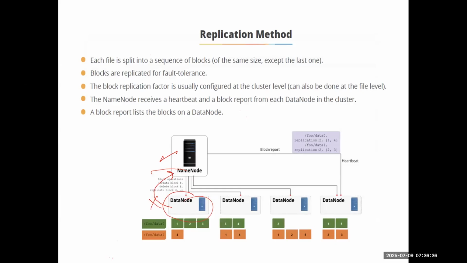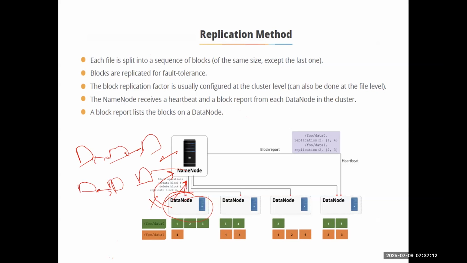Why do we keep this 10 minutes or something like that? Because sometimes, because of network delay, it may happen that the data node is up but is not able to send the heartbeat to the name node.